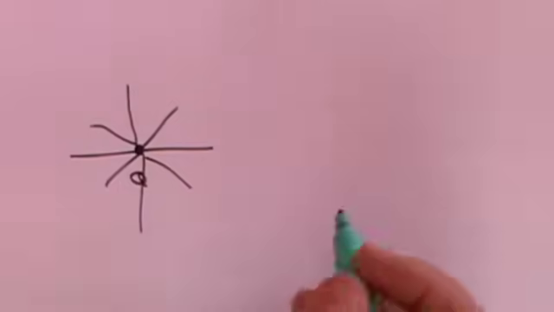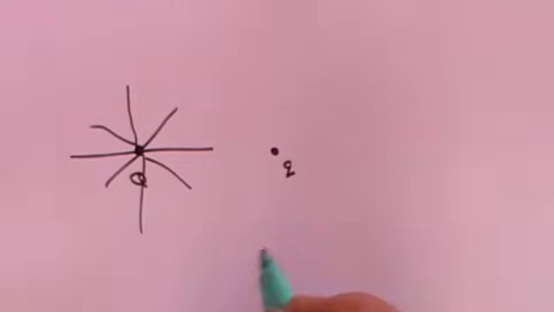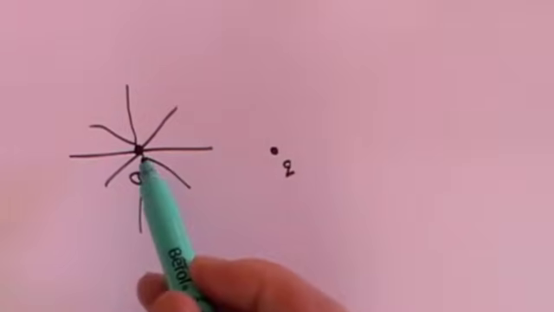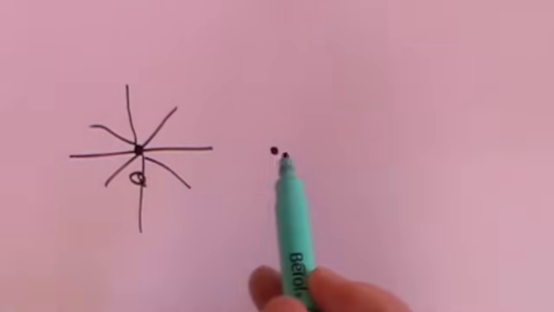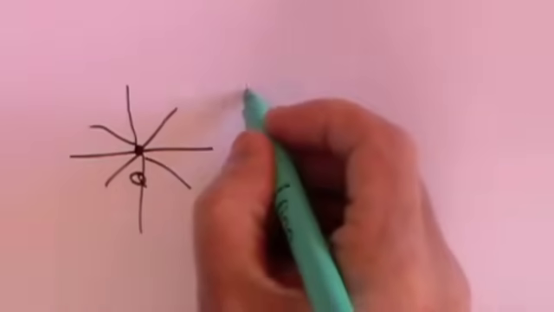And we know that if we bring another charge, let's call it a test charge little q, into the vicinity of capital Q, there will be a force between the two charges, which is known as the Coulomb force.